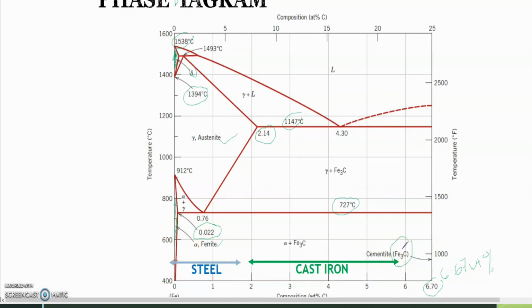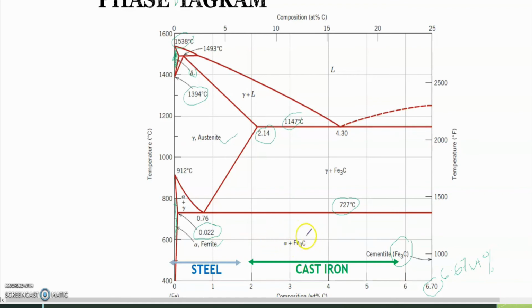Since perlite is the lamellar structure of ferrite and cementite, the mechanical properties of perlite are in between ferrite and cementite. Ciri-ciri perlite berada antara ferrite dan juga cementite.